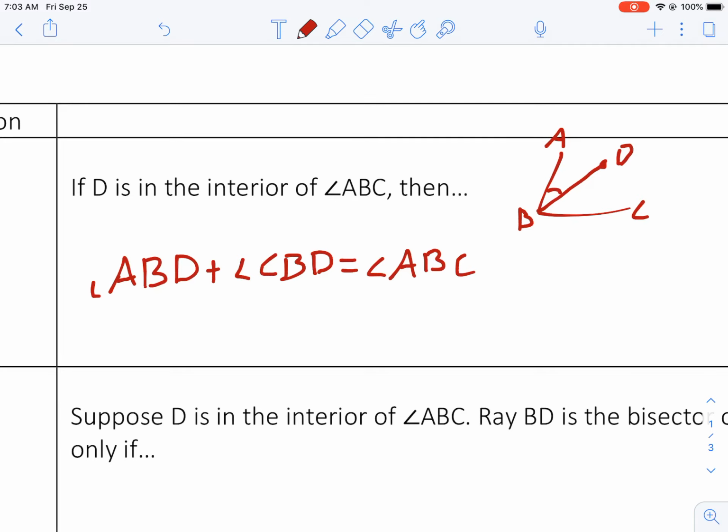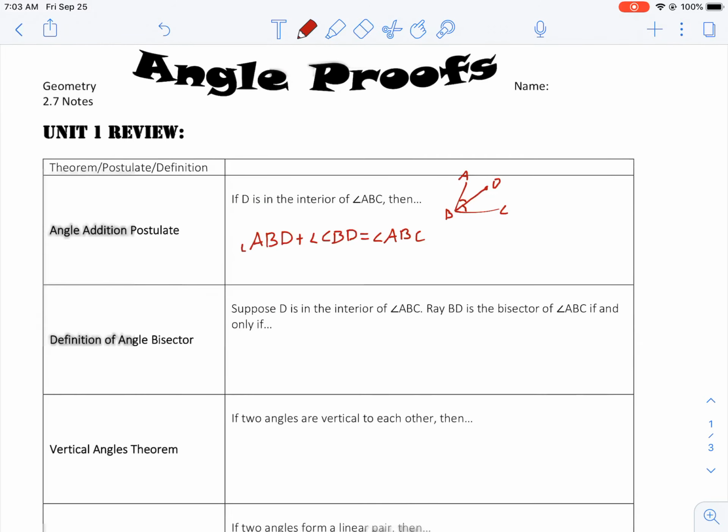So you have the first part plus the second part equals the whole thing. It's the exact same thing as the segment addition postulate, just with angles. So we're probably going to be using that today.